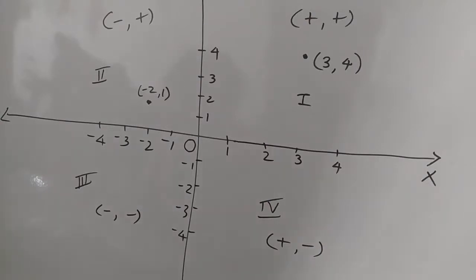Now one more thing: what these 3, 4 are called in another way. First I said that they are coordinates, but the x coordinate is also known as abscissa and the y coordinate is also known as ordinate.